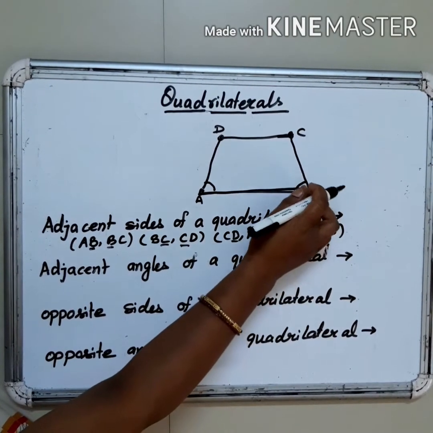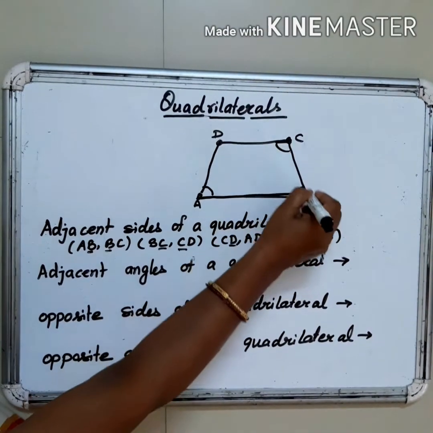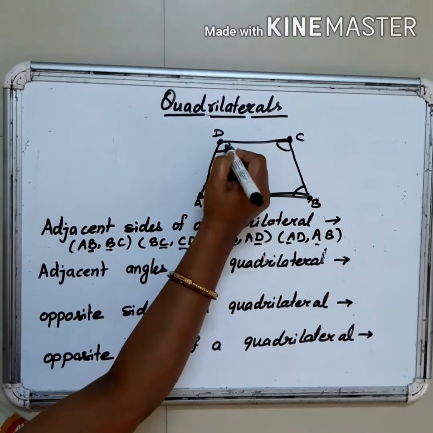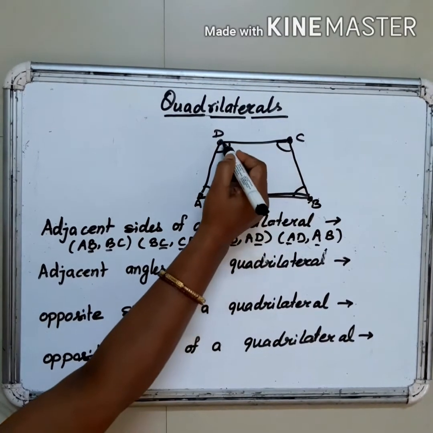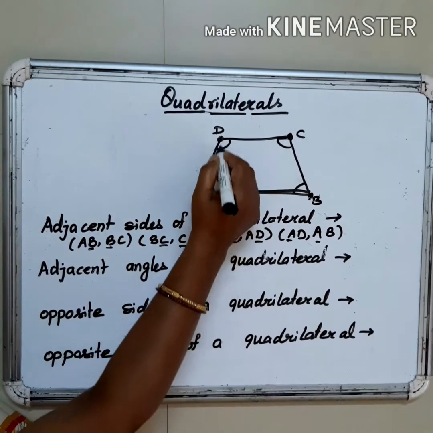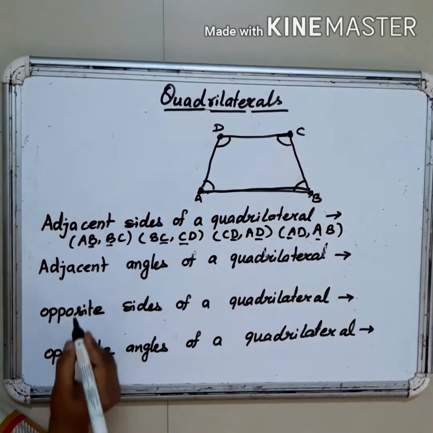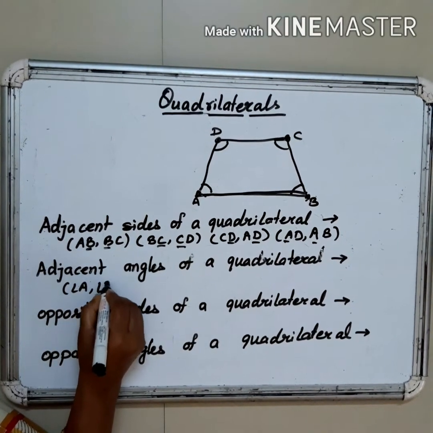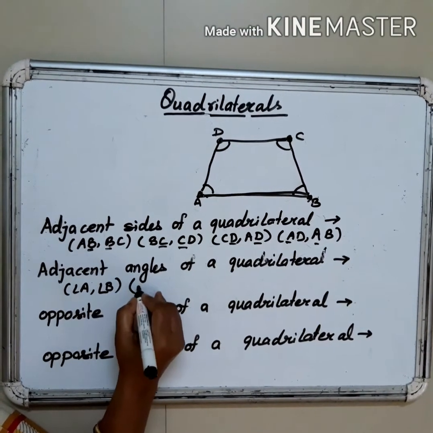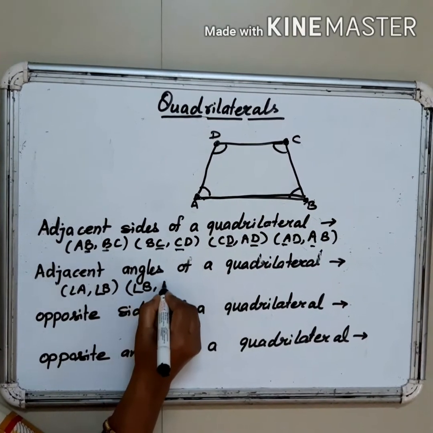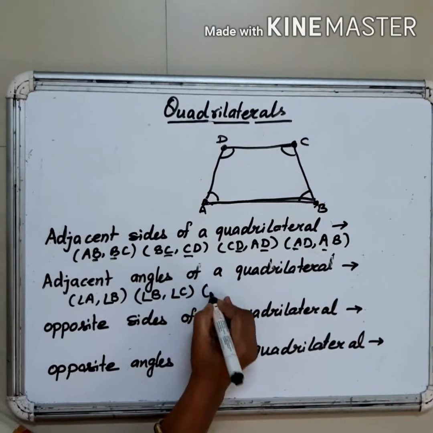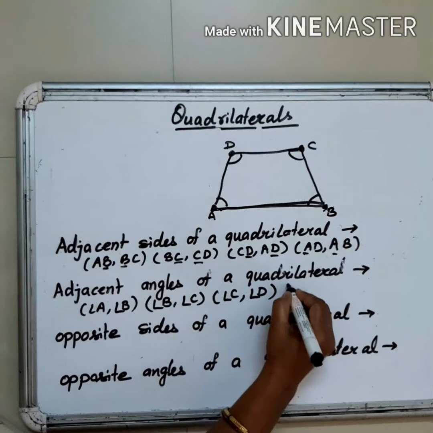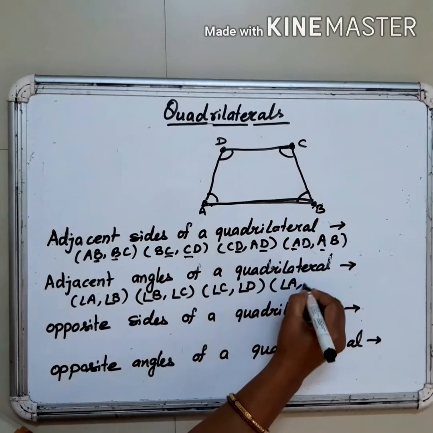Second, angle B, angle C with common arm BC. Third, angle C and angle D with common arm CD. And fourth, angle A and angle D with common arm AD. So there are 4 pairs: angle A and angle B, angle B and angle C, angle C and angle D, and angle D and angle A.